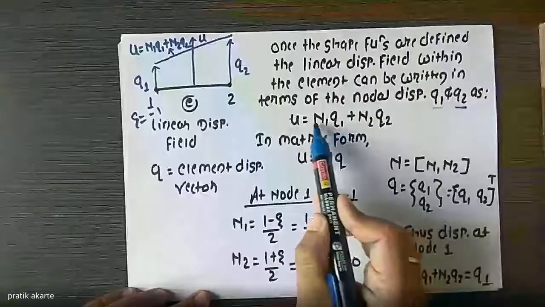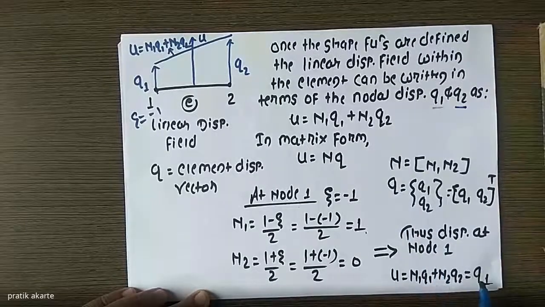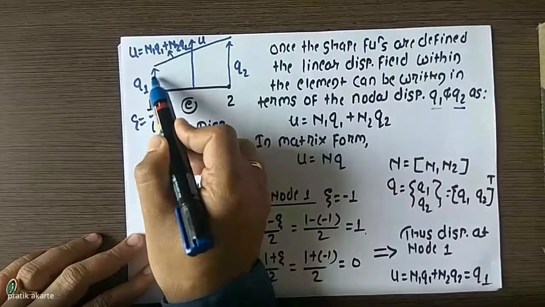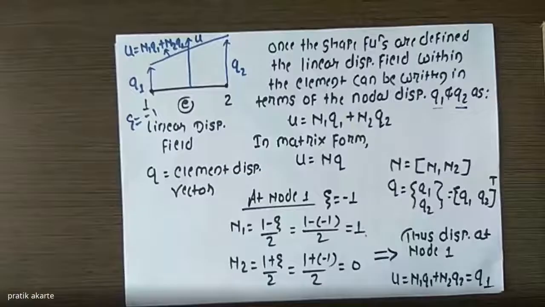Now putting the values of N1 and N2 into this equation, we get that the displacement is Q1. So the displacement at node 1 is Q1, which is validated. Let us look at it over here.